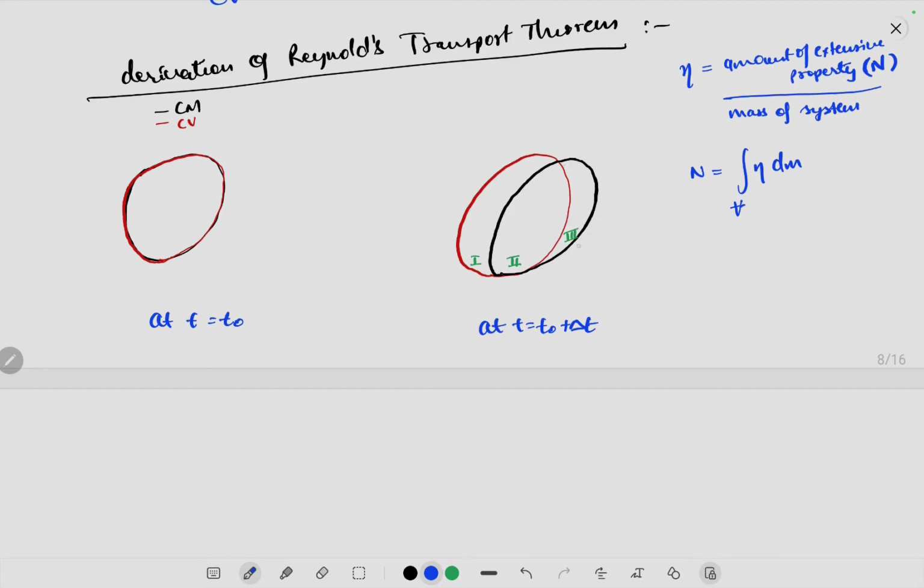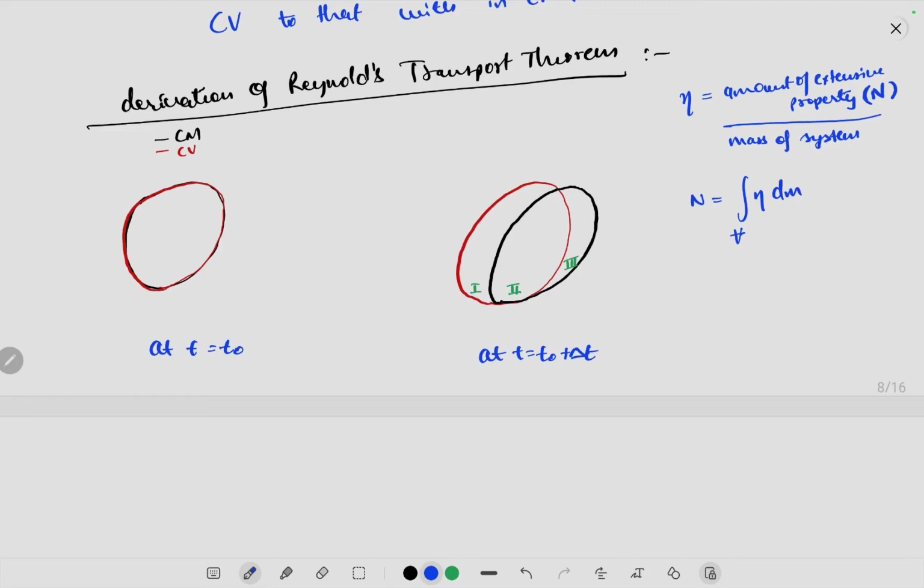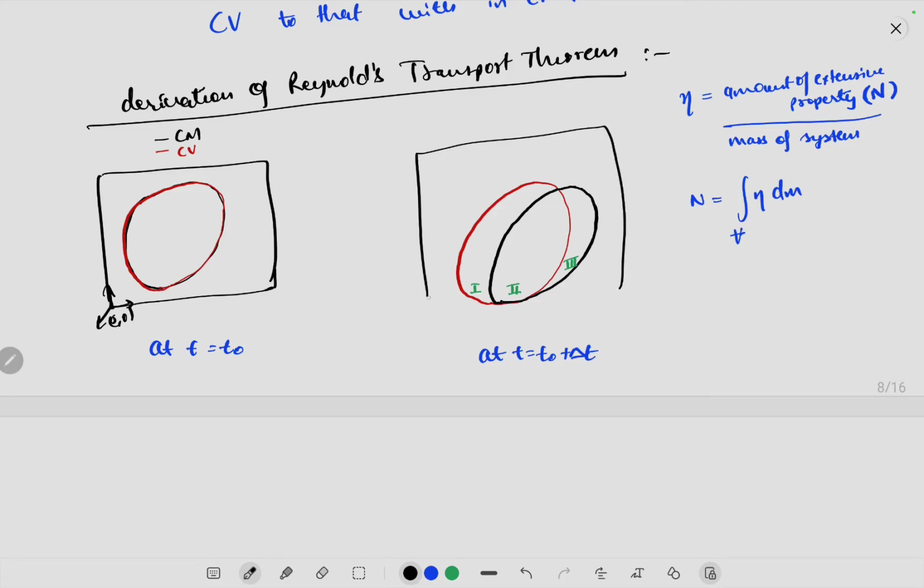Please note that this is actually two different images. Let's say I have taken the photograph at t equal to t naught with respect to the same origin. So let's say this is my origin, and I have taken another image like this, and this is my origin.